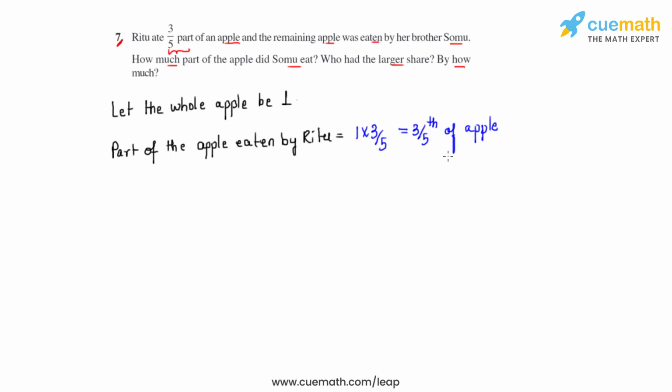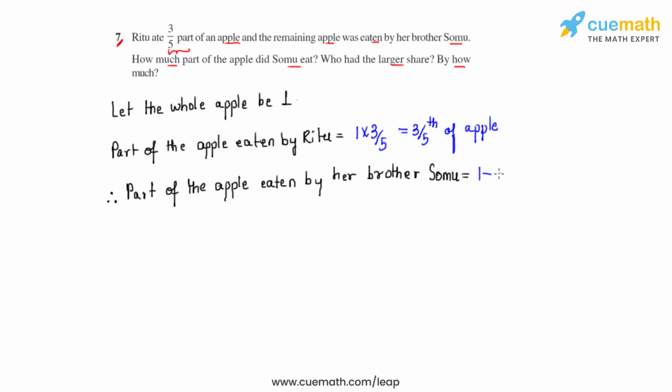Now that we have found out how much part of the apple was eaten by Ritu, we can find out what part of the apple was eaten by Somu. So the part of the apple eaten by her brother Somu will be the whole minus the part eaten by her, which is 3/5. So we'll have to make the denominators same for both the numbers because the first fraction has got its denominator as 1 and the second fraction has got its denominator as 5.